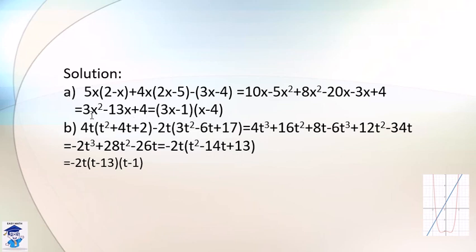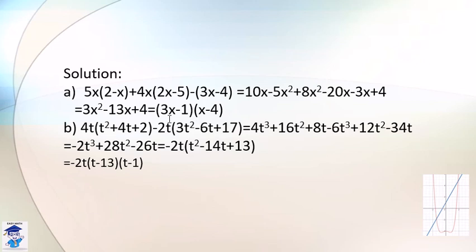So we factor like that. 3x squared is made as 3x times x. And the last term is 4. And the middle term is negative 13x. So we can make this negative 1, negative 4, because negative 1 times negative 4 is a positive 4.